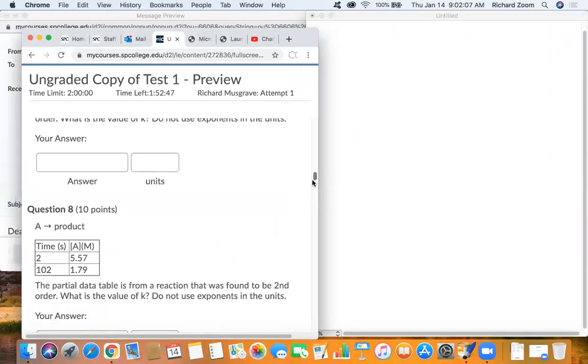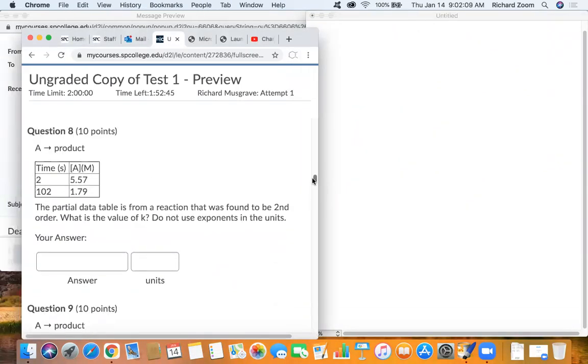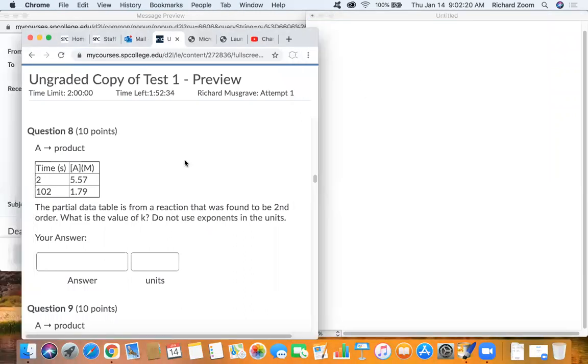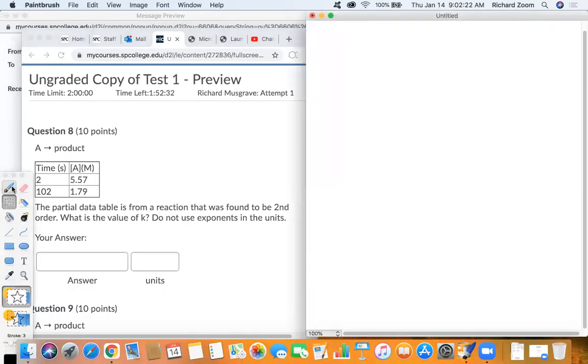Anybody have an idea how we might do number 8? We're told here it's second order in the question. What would you do? You find 1 over A. Oh yes, it's like magic, isn't it? It's a beautiful thing.